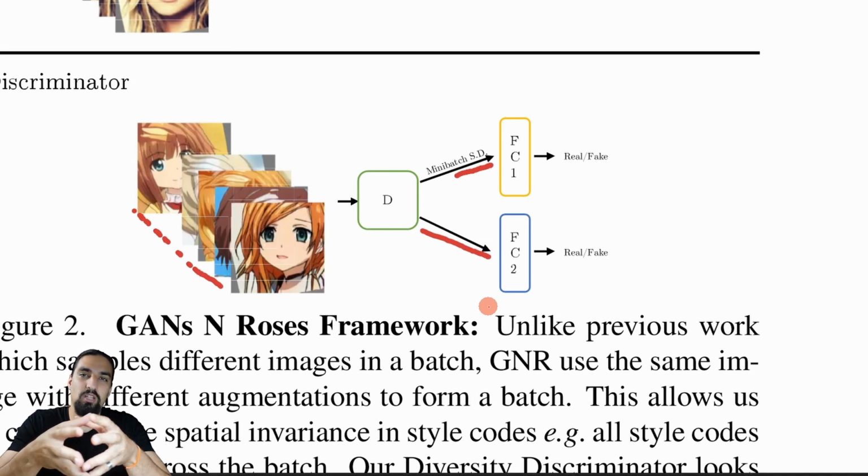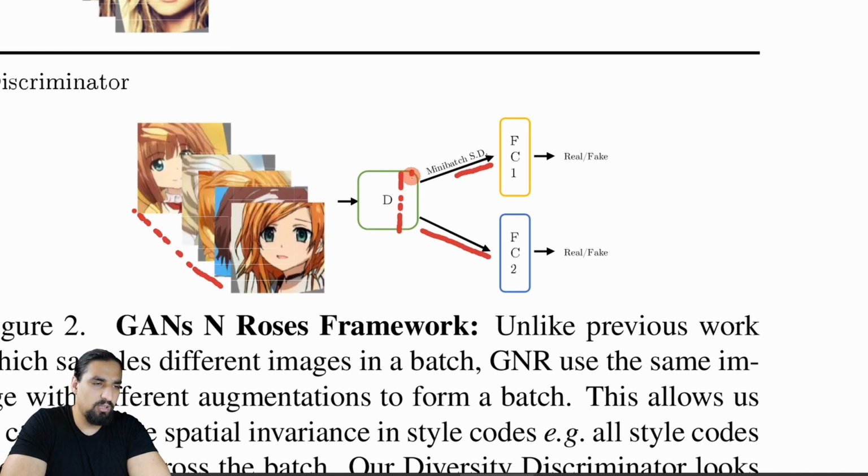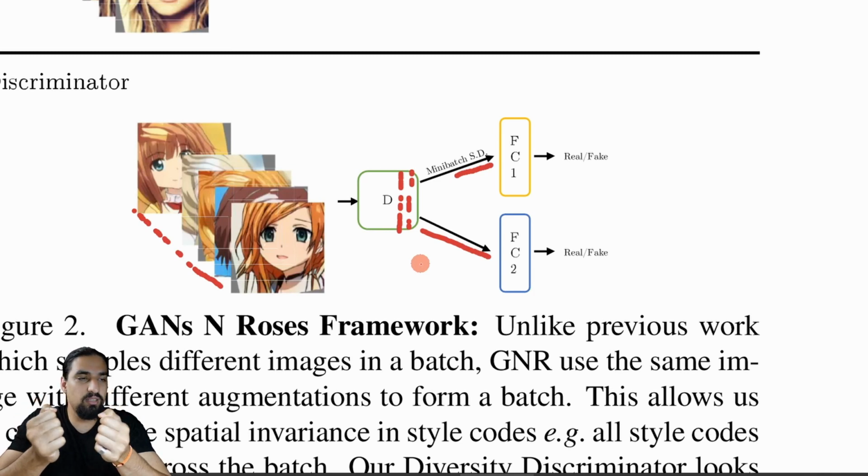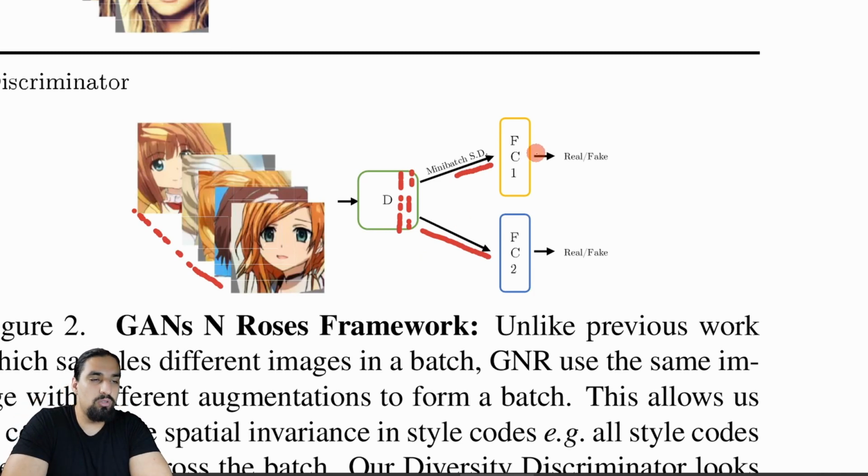We want to have a diverse set of avatars, so what they do is they take these images, and from a certain layer here, I think they are using the penultimate layer, we'll see the details a bit later, they take the feature maps and form these standard deviation statistics, and they use those to feed into the second branch of the discriminator.